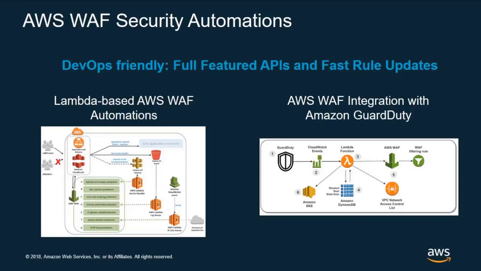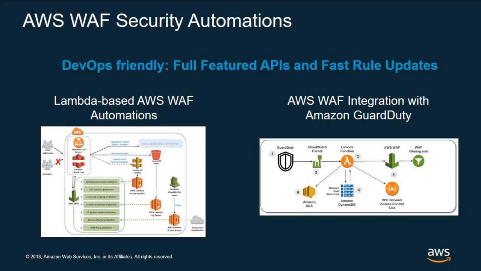And as I was talking about earlier, the more advanced version of implementing AWS WAF is using more security automations for newer evolving threats. And there are a couple of different ways you can build these automations.